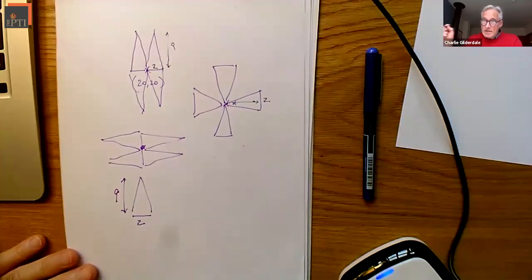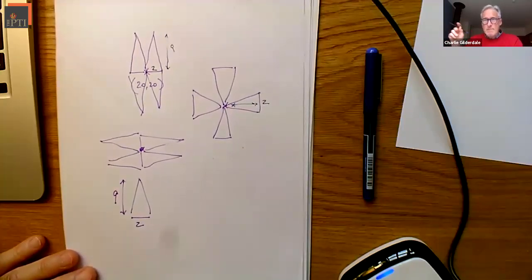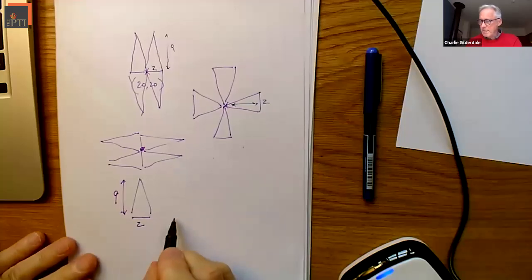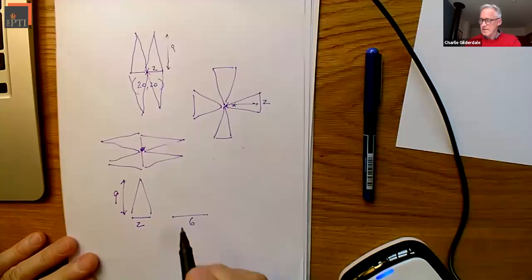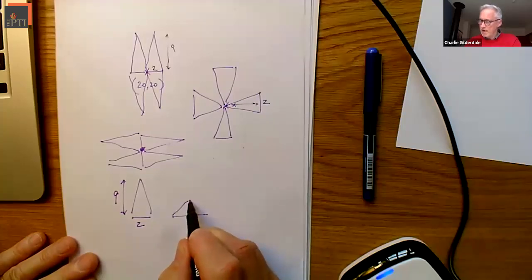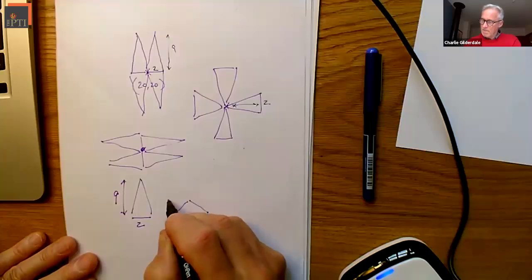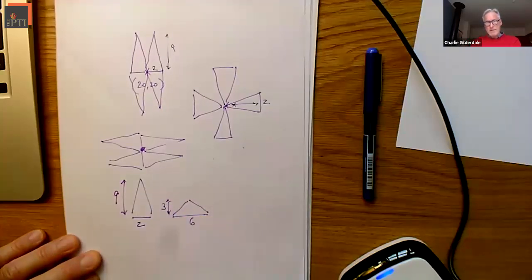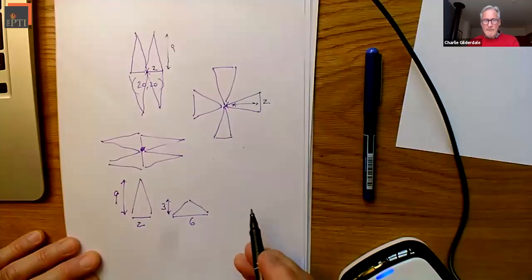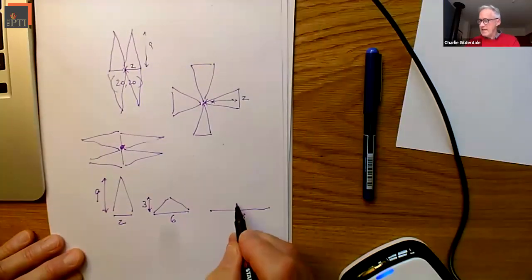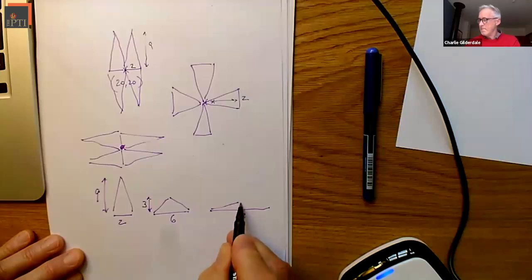Now 3 times 6 is 18, but I can't have a base of 3 because the midpoint would have a half coordinate. But I can have a base of 6 and a height of 3. Because 6 times 3 is 18. And the final triangle that I can have has got a base of 18 and a height of 1.